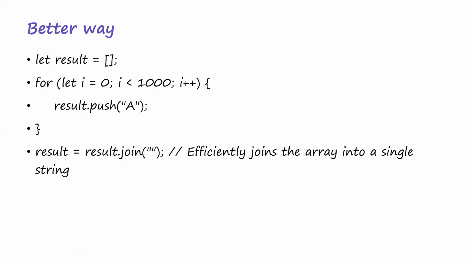Don't worry, when we start talking about arrays, we are going to cover this join method and you're going to see how it works. So this is a better way of concatenating strings. This will efficiently join the array into a single string. So instead of doing concatenation using the plus operator, it's better you use array.join this way, or you use the template literal, okay?